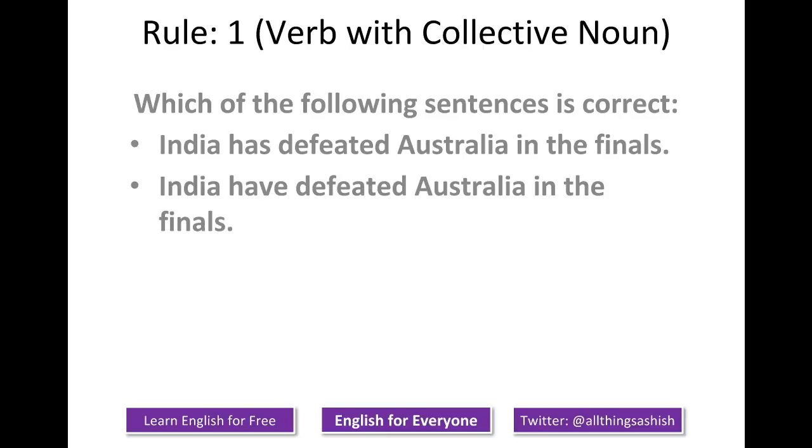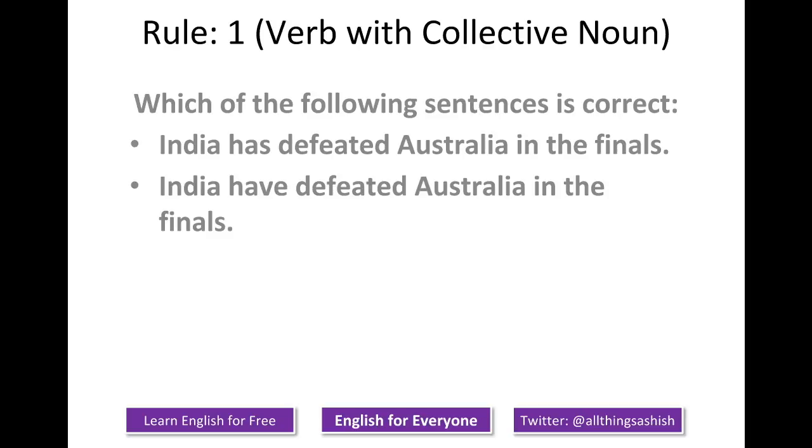You will notice that when a cricket commentary is going on, or when you hear a news telecast about the match that was played last night, a lot of times we see the plural verb used with the names of teams. So India have defeated Australia in the finals is more often used than India has defeated Australia in the finals.